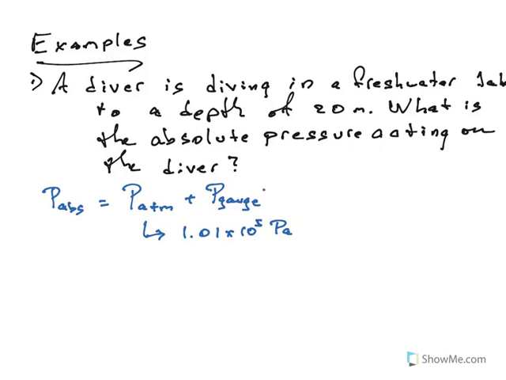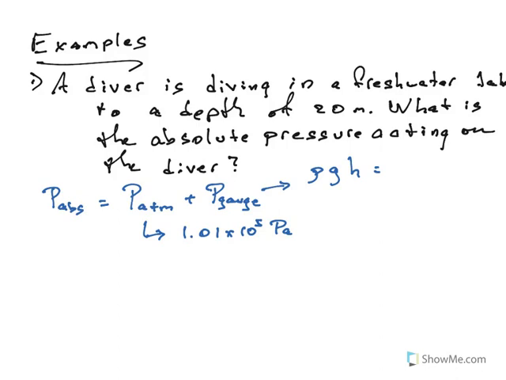So gauge pressure then, well, to calculate this, the equation we're going to use is the equation for the pressure-depth relationship, because the reason we're changing pressure is the fact that we're going down a certain depth in water. So this pressure is going to be rho times g times h. Well, rho, that's the density of the fluid that our diver is going to be going down in.